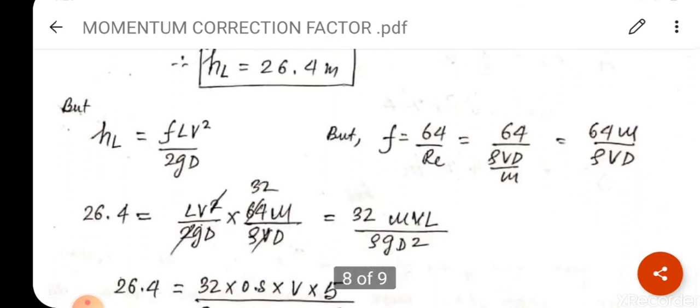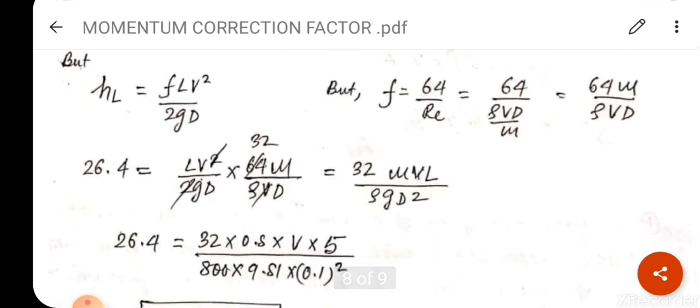Now we all know that head loss is given as FLV square upon 2GD. Already explained, F is equal to 64 upon RE, equal to 64 upon rho Vd upon mu, equal to 64 mu upon rho Vd.